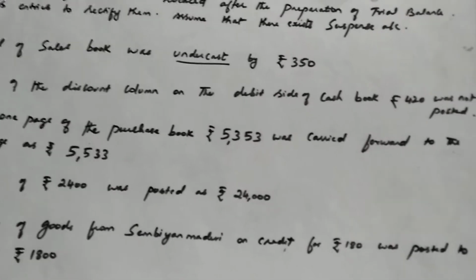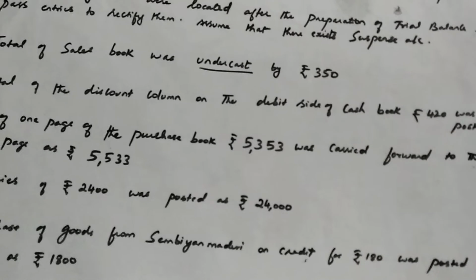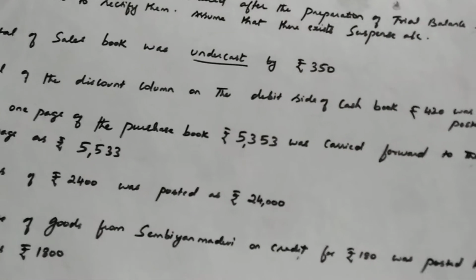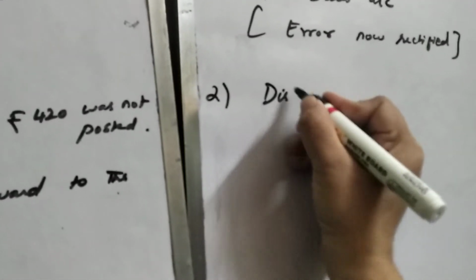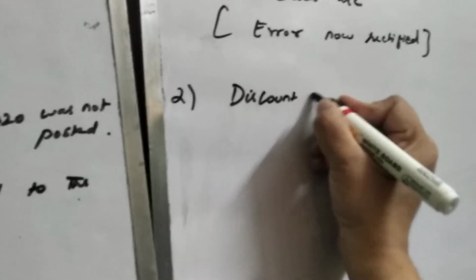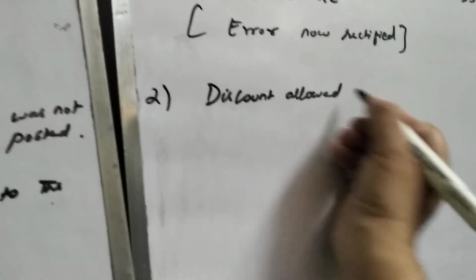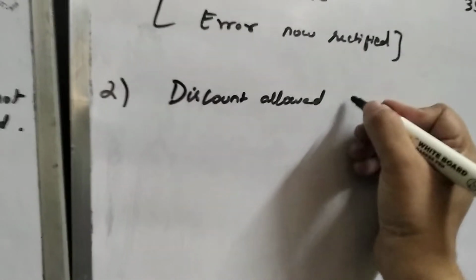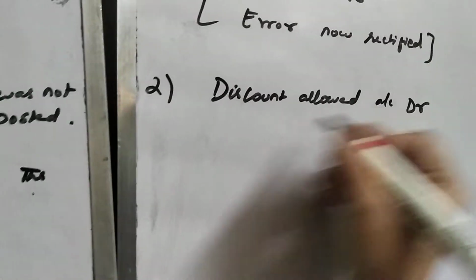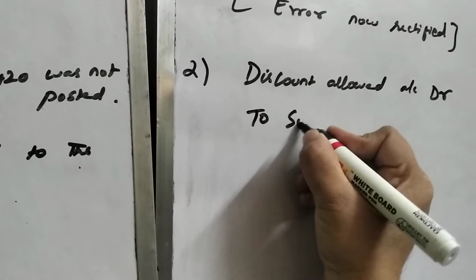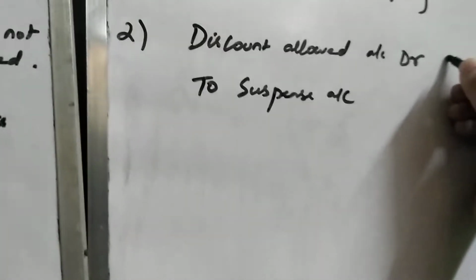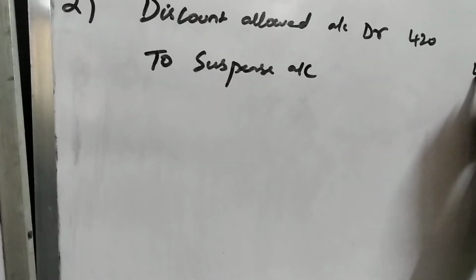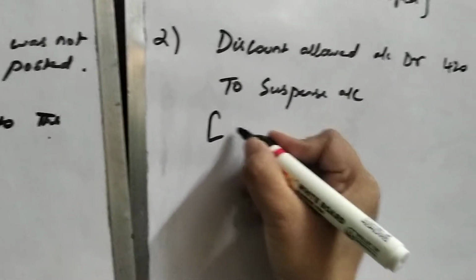This 420 was not posted. So what should be the entry? Discount allowed account debtor to suspense account 420. You can write error now rectified.